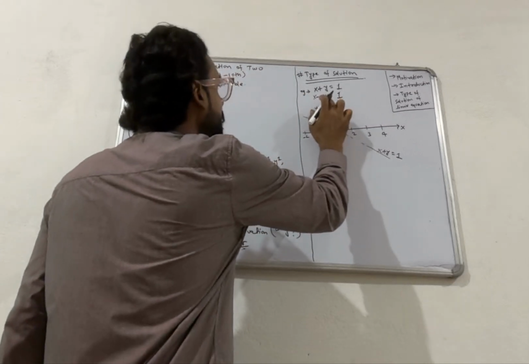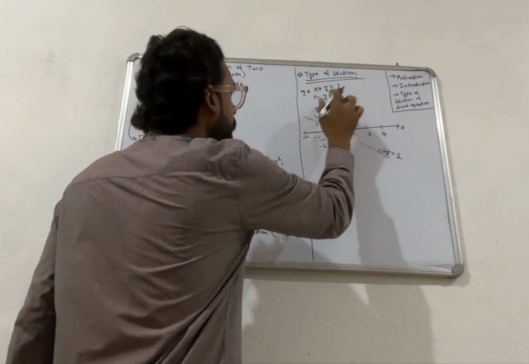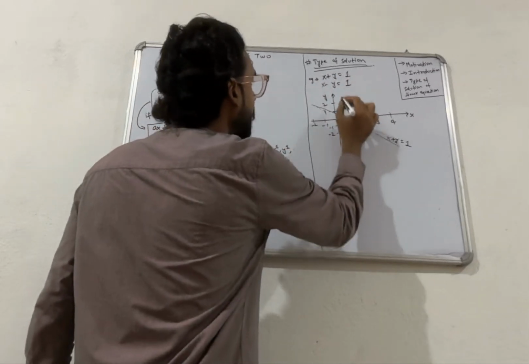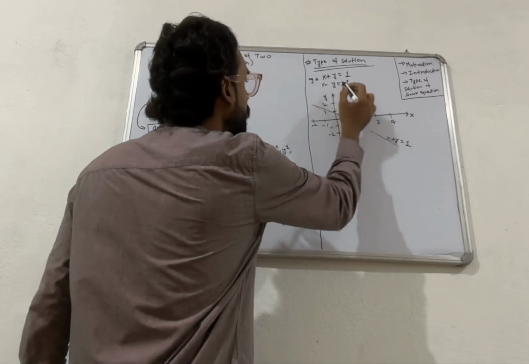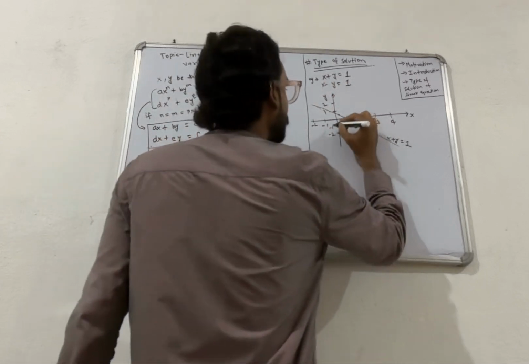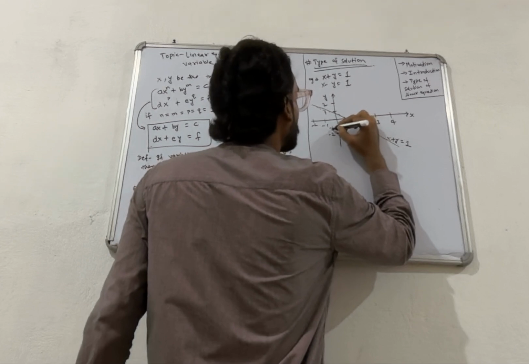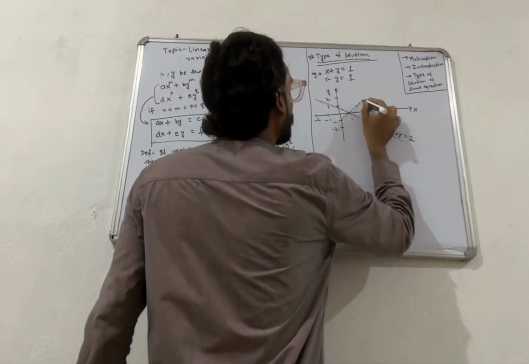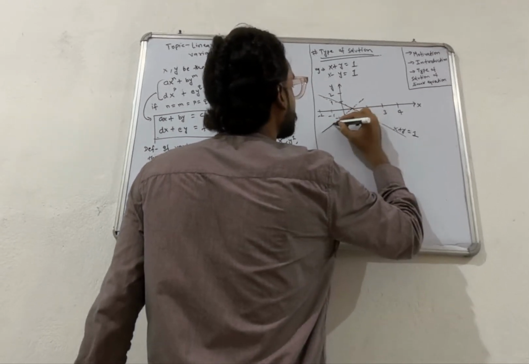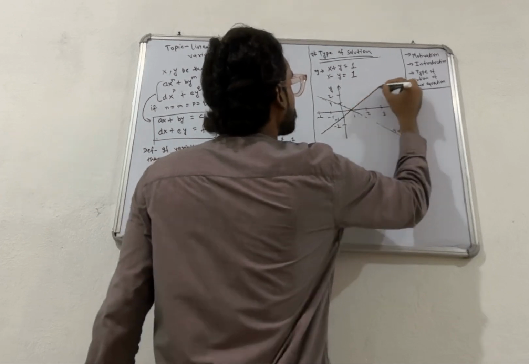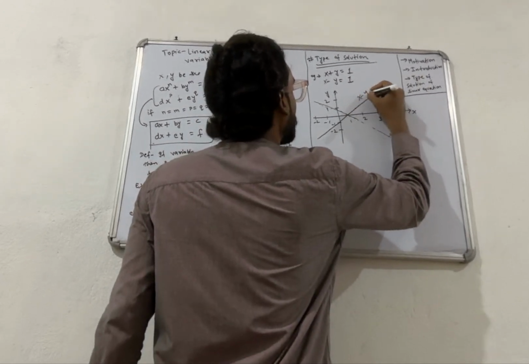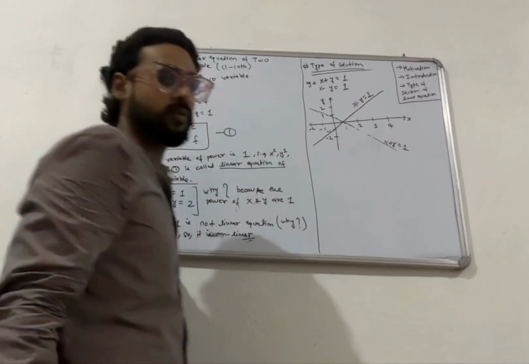Okay, here if y is equal to 0, then x is equal to 1, and if x is equal to 0, then y is equal to minus 1. So this graph will pass through minus 1 on the y axis. So this is our x minus y is equal to 1.